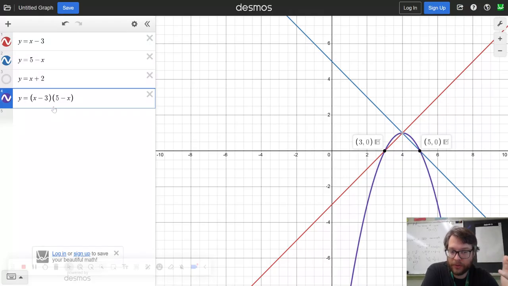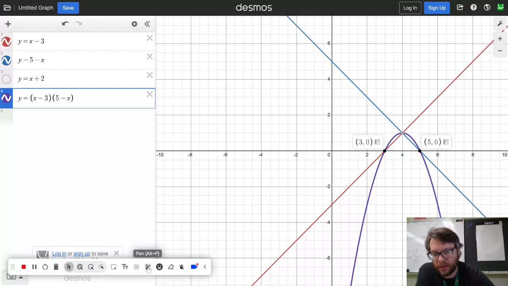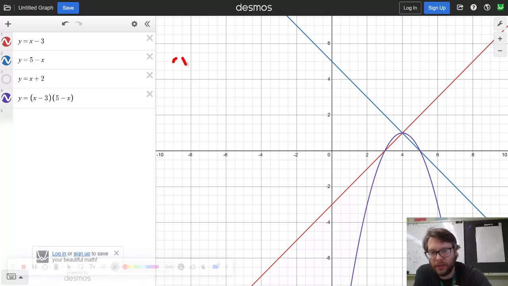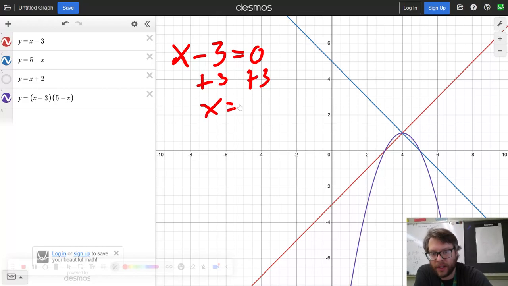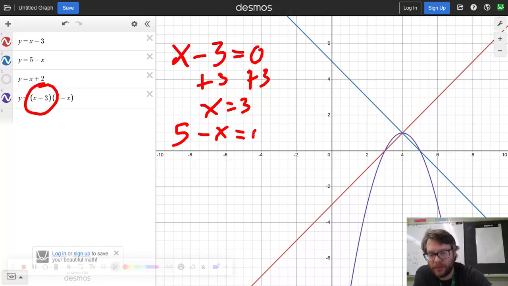So if you're able to solve the equation, and I'll just write it out, x minus 3 equals 0, then you're able to find the x-intercept of a parabola. The other equation was 5 minus x equals 0.